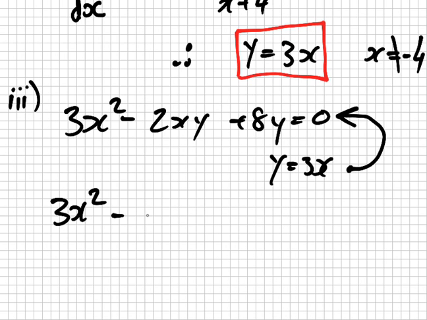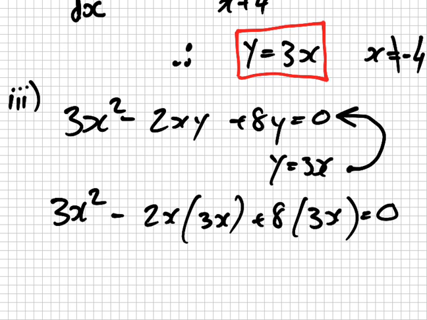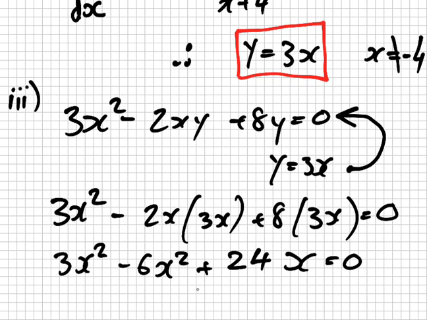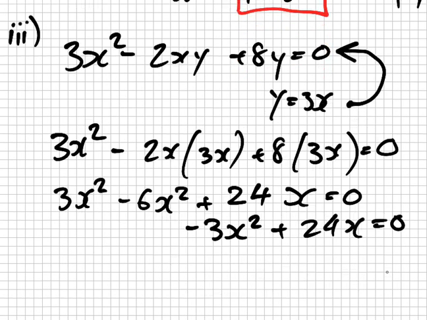3x squared minus 2xy plus 8y equals 0. 3x squared minus 6x squared plus 24x equals 0. So minus 3x squared plus 24x equals 0.